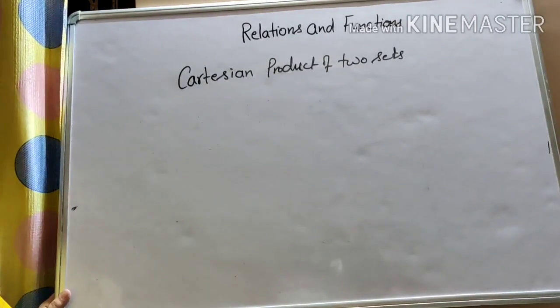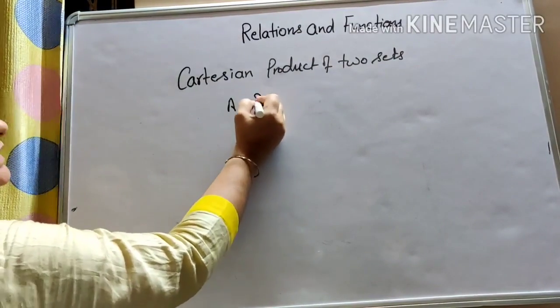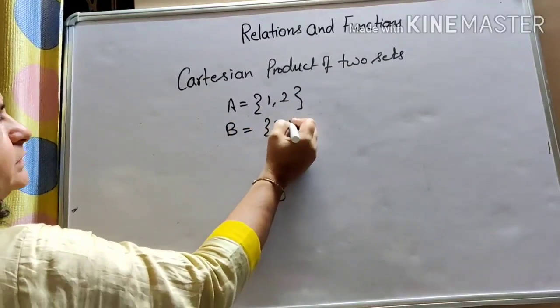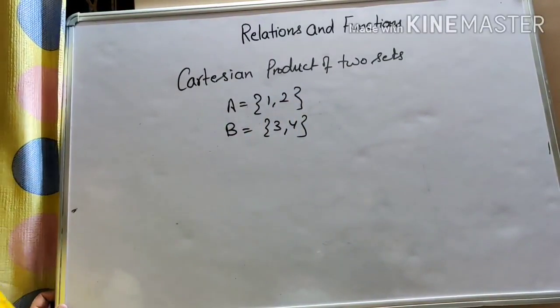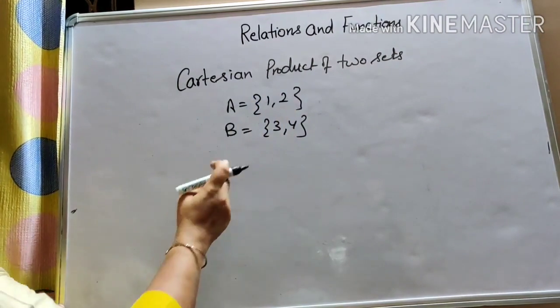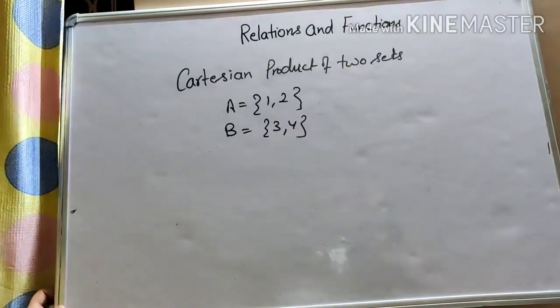Now what is the Cartesian product of two sets? Suppose A and B are two non-empty sets. For example, A is the set {1, 2} having elements 1, 2, and set B has elements 3, 4. These are two non-empty sets.